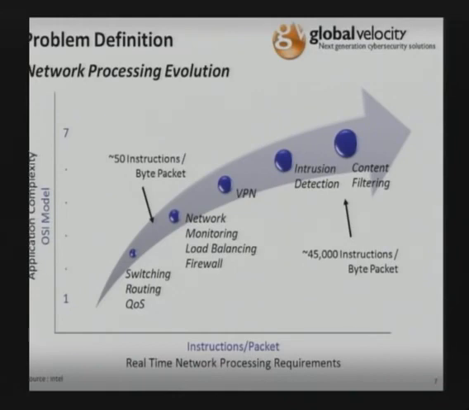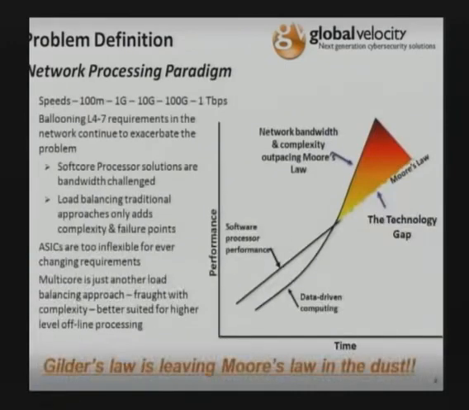Today, as you move up through VPNs, intrusion detection, advanced application firewalls, and finally content filtering, where we're actually looking at the content in the payloads and doing something with that content, manipulating it, looking for things of interest, now we're up at 45,000 instructions per packet. It's a huge increase.